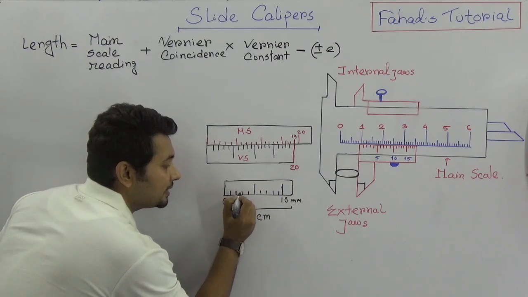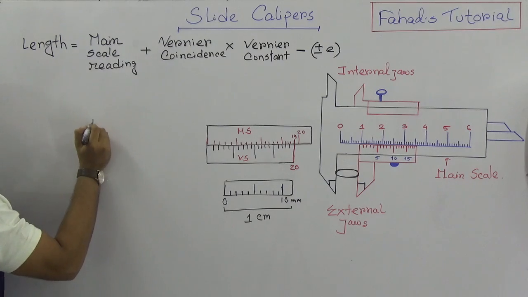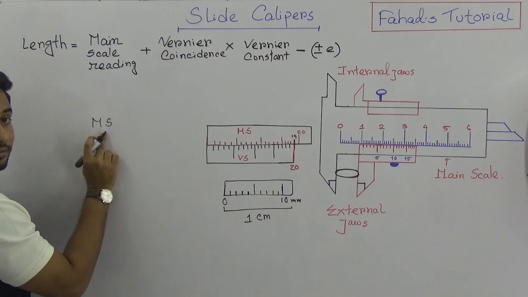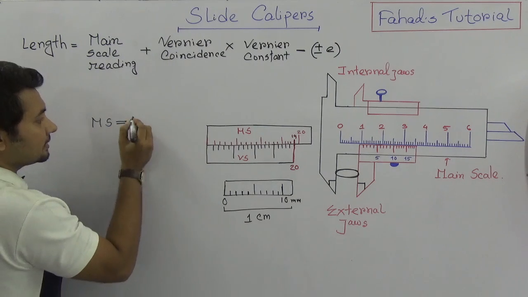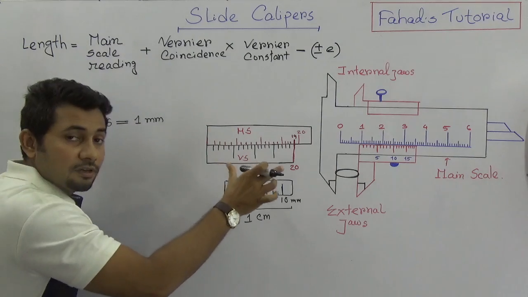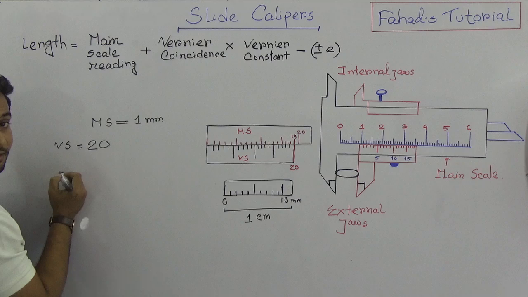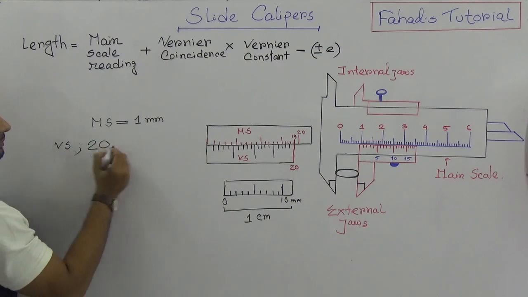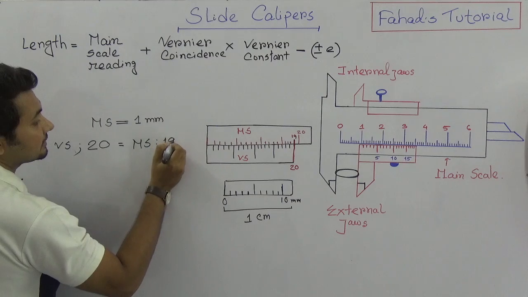All the spaces are 1 millimeter each. In the main scale, the smallest space is 1 millimeter, and the Vernier scale 20 spaces are equal to main scale 19 spaces.